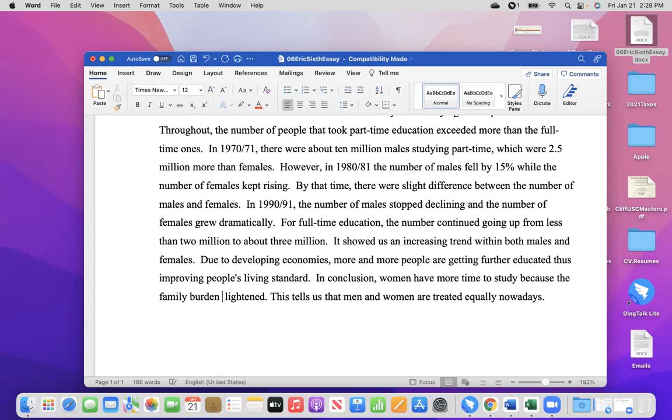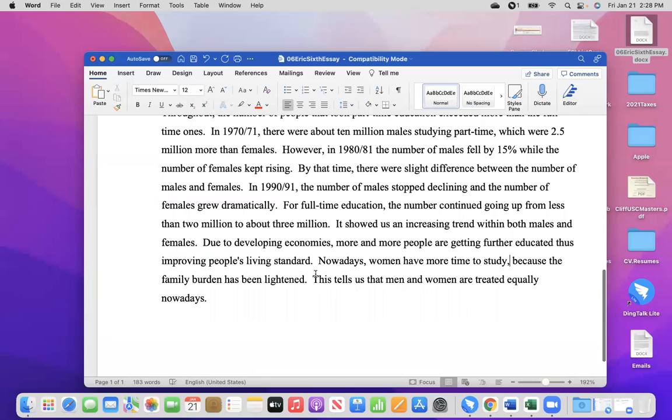They're not expected to take care of the family as they used to be. Oh, actually, that's not the last sentence. Sorry. I would say nowadays, women have more time to study, maybe because the family burden has been lightened.